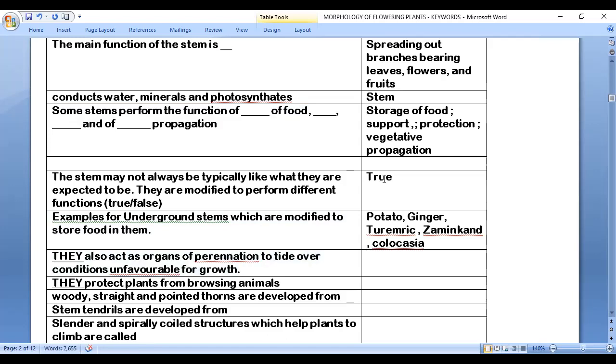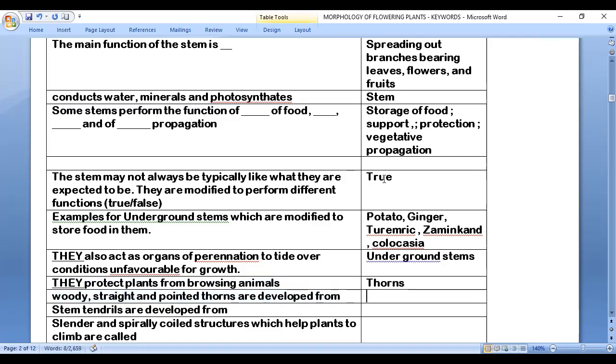They also act as organs of perennation to tide over conditions unfavorable for growth. Some stems protect plants from browsing animals.